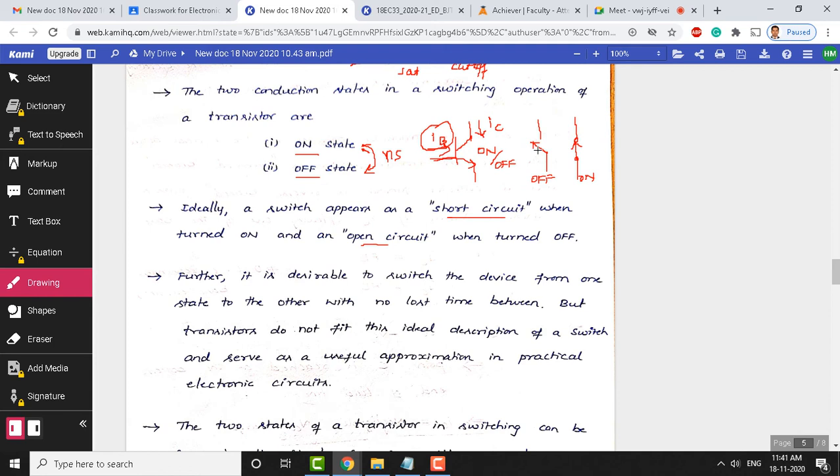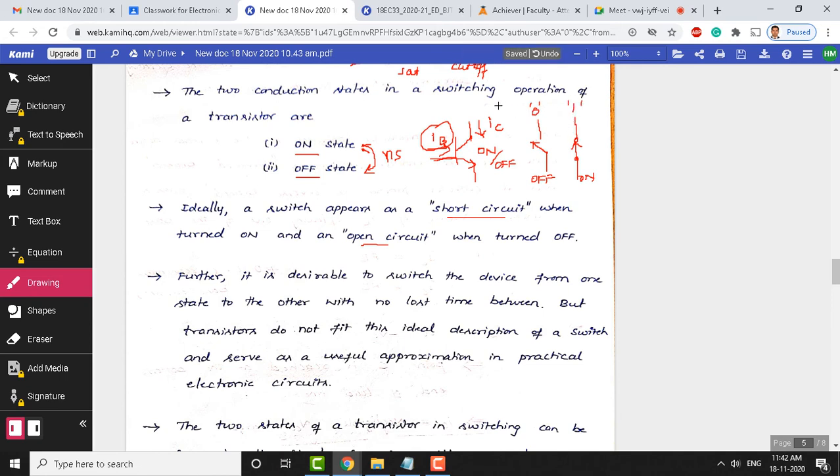Computers house billions of transistors like this, and we say that a computer stores information in digital form. Digital form means it can be 0 or it can be 1. Whenever the switch is off, it stores logic 0, and whenever it is on, it stores logic 1.